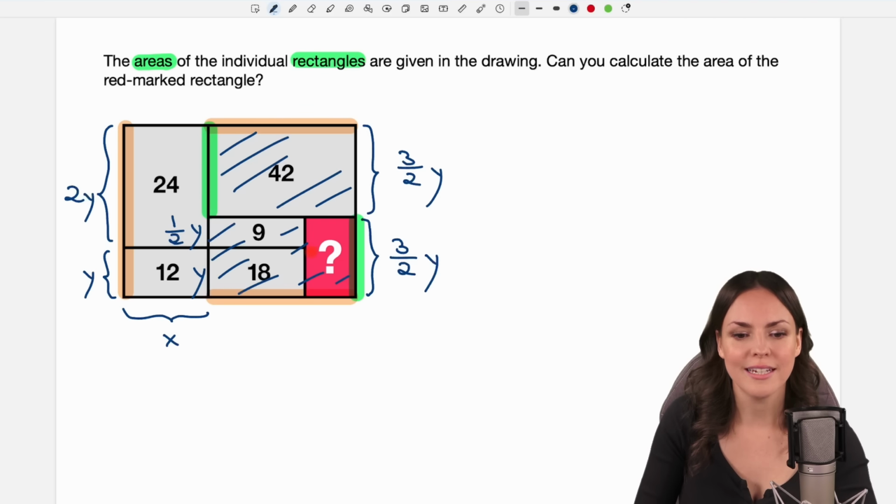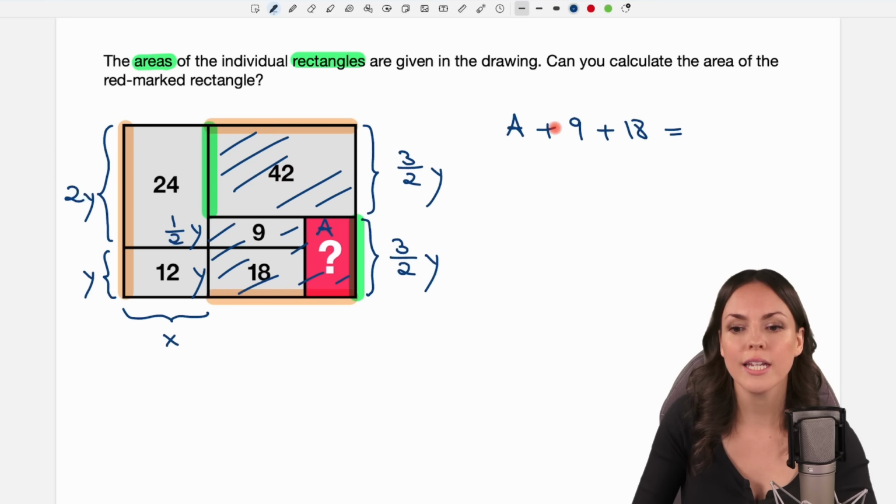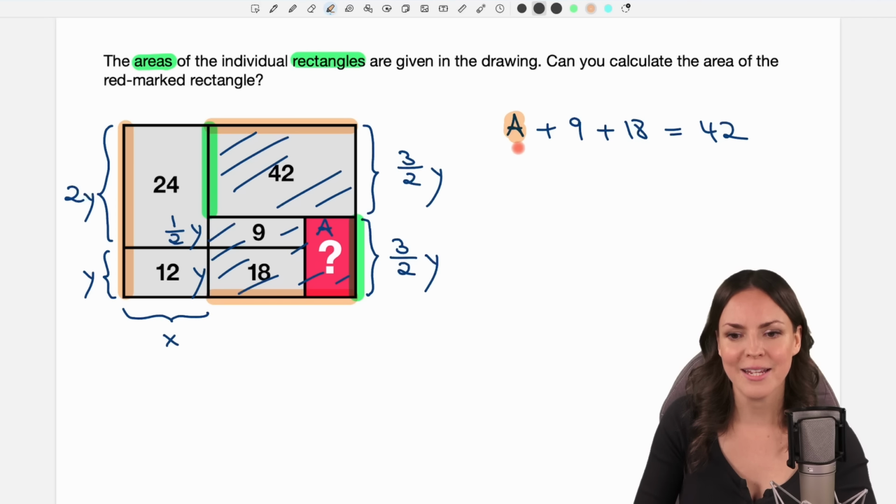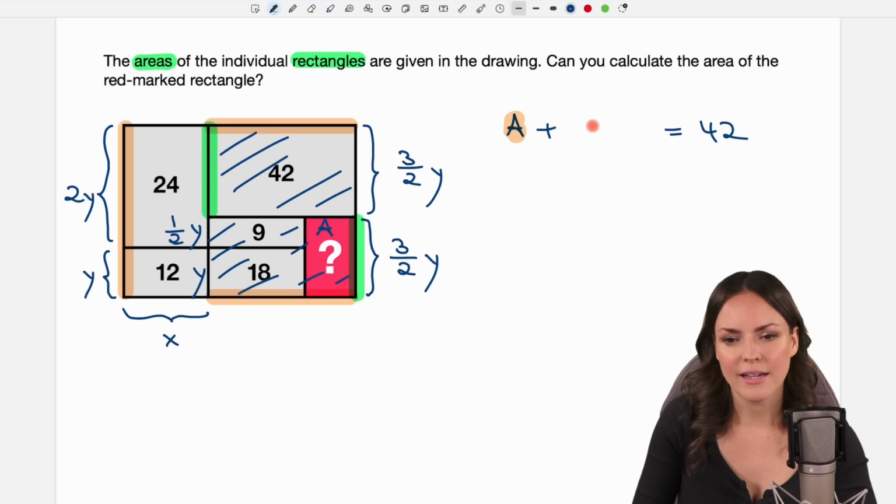Let's call the area of this red rectangle that we're looking for A. And if I add these three areas, so I have A plus 9 plus 18, and this has to be 42. So let's solve for A. 9 plus 18 equals 27.